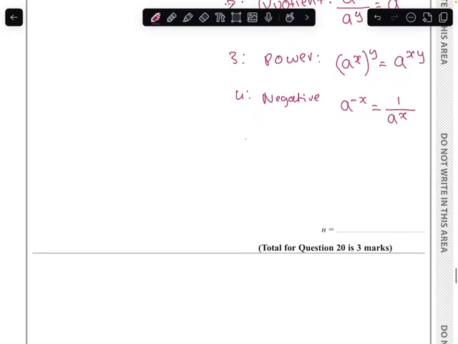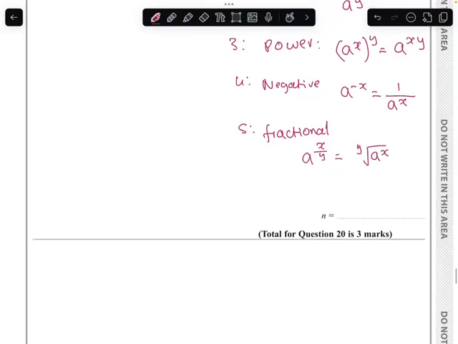And lastly, our fractional exponent, if we have a to the x over y, we can rewrite this like so. The denominator goes on the outside here, and the numerator, we turn it to the power.